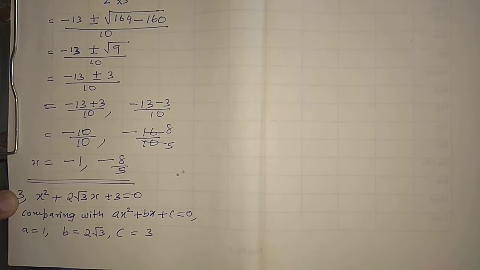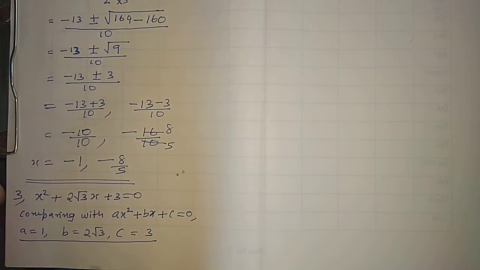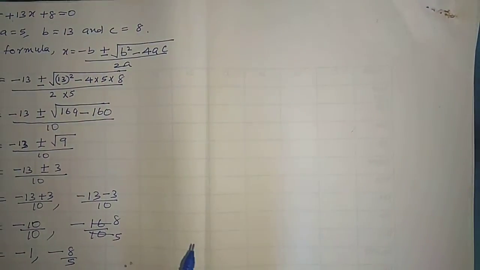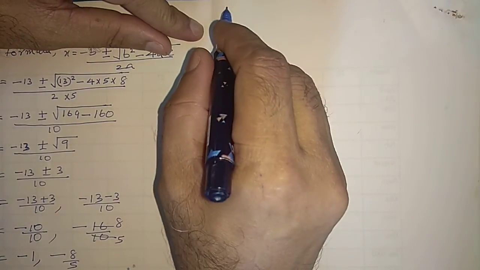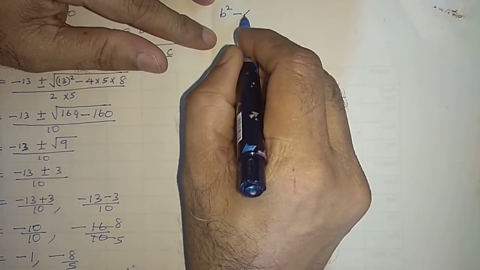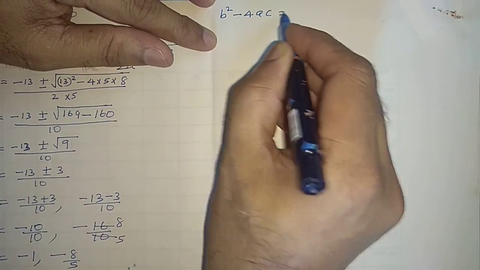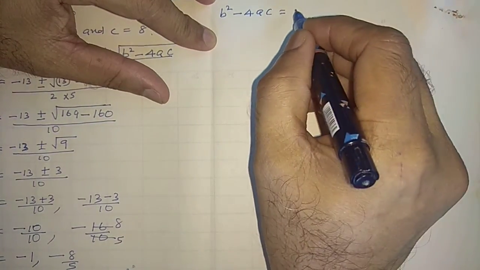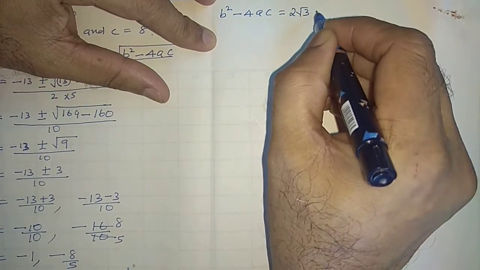Then what are they telling us? Find the value of b square minus 4ac. First we found a, b, c. Now we have to find b square minus 4ac. B is 2 root 3.